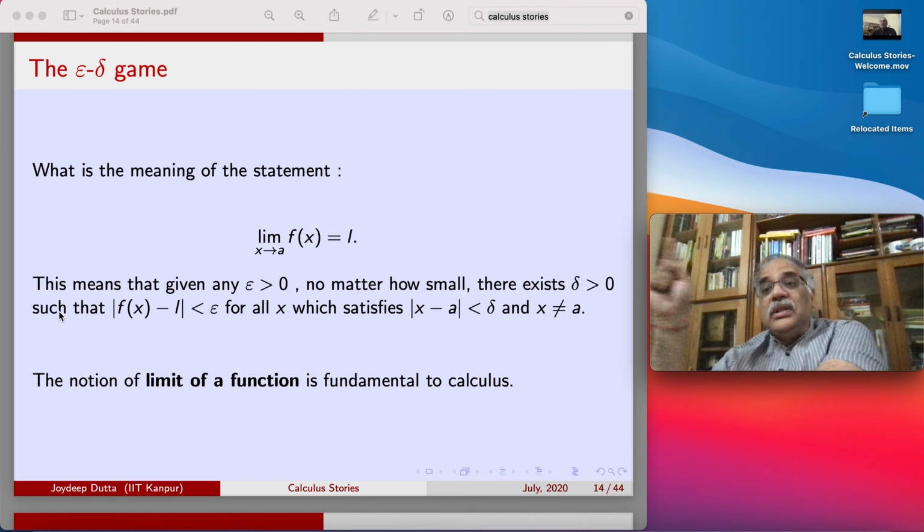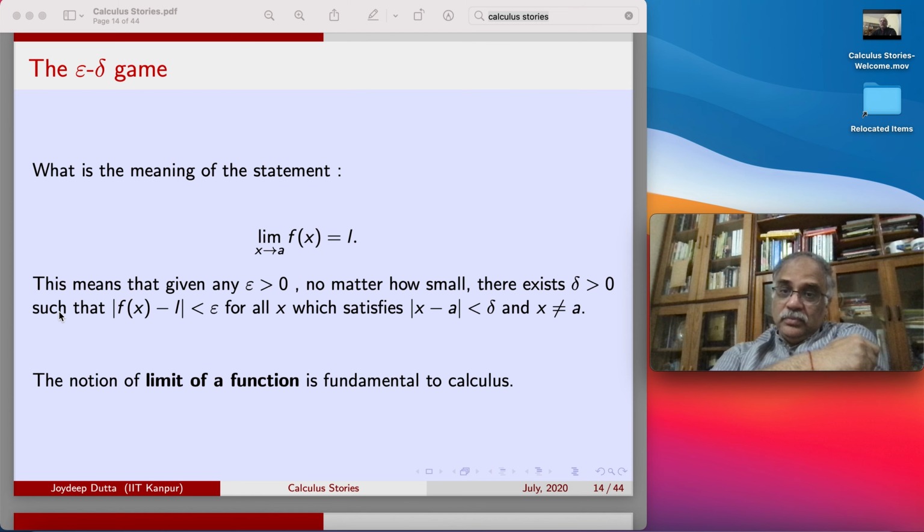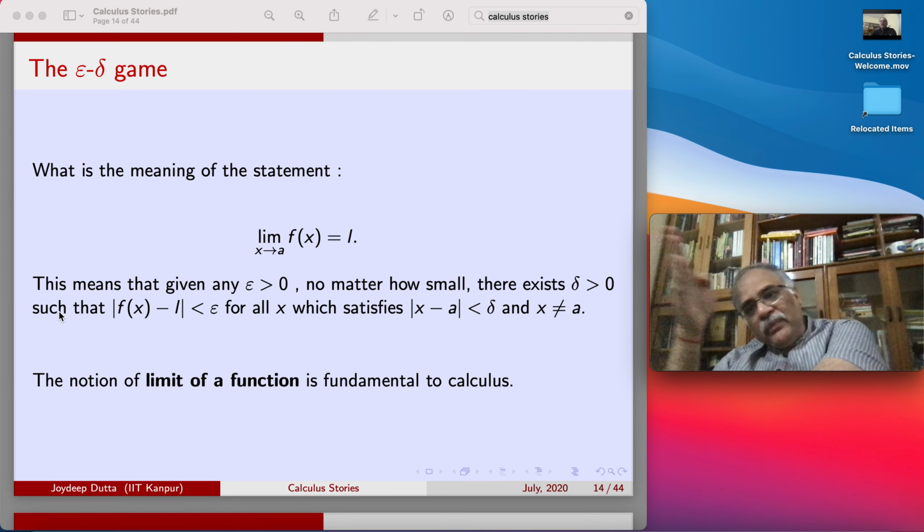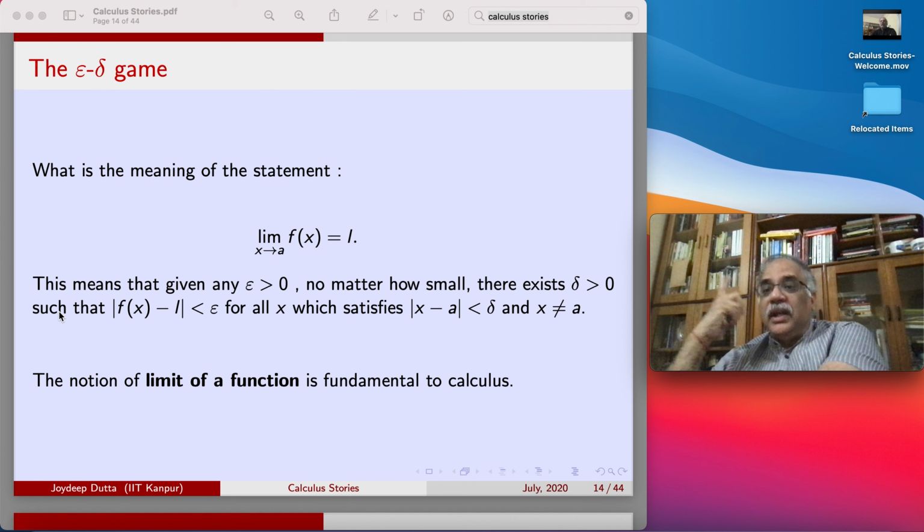That is why you always give the distance epsilon, which is the distance of f(x) from L. That distance is given to you. Whatever small distance you choose for f(x) to be near L, this will happen for some x's which are near A. So when f(x) is near L, the corresponding x's must also be near A. That is why you give the distance epsilon.